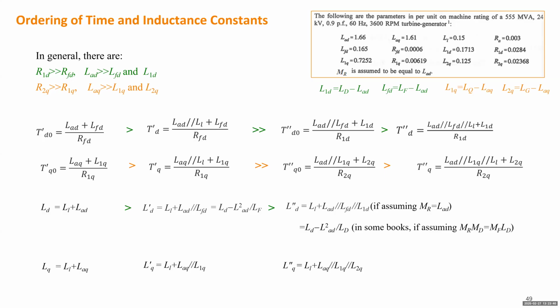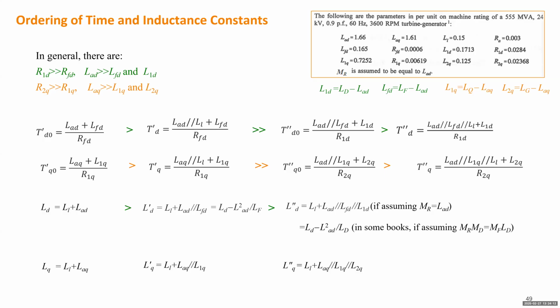So compared to those three, you can clearly tell how LD changes from LD to LD single prime to double prime. This equation is pretty simple, but it's not convenient to use, because it involves expressions regarding parallel circuits. If you spell out LAD in parallel with LFD and L1D, that's very complex. That's a fraction, not convenient to use.